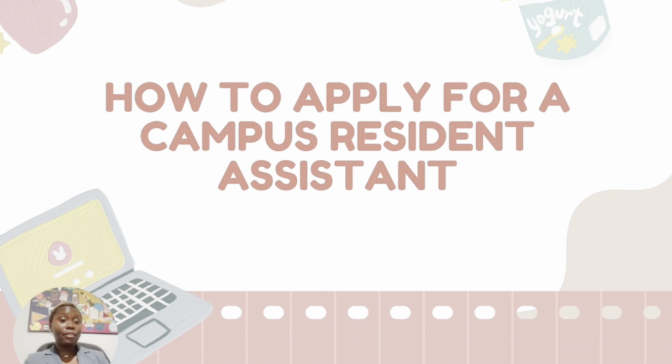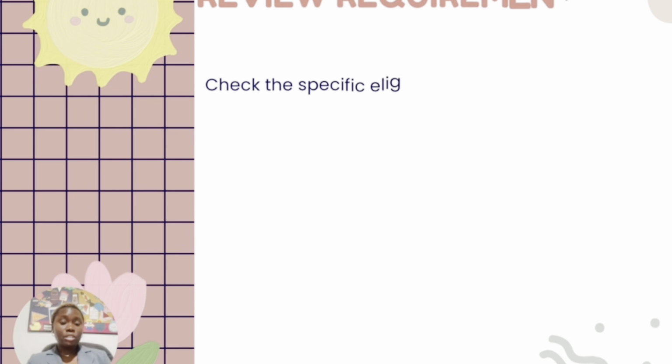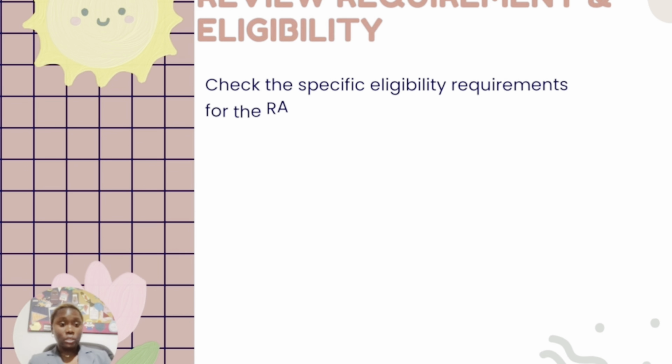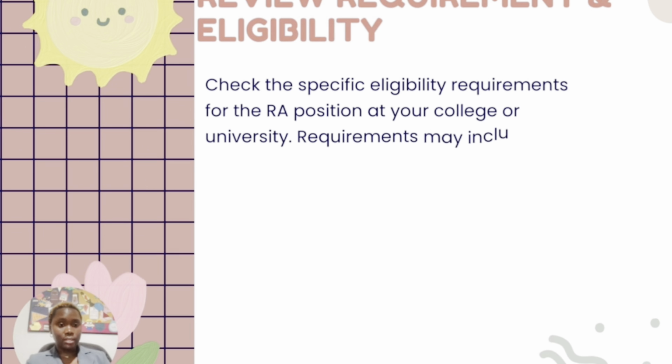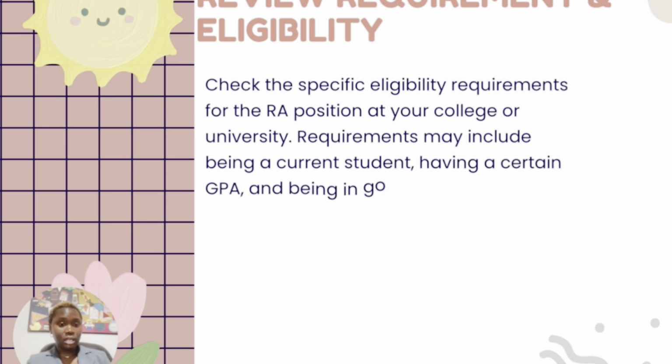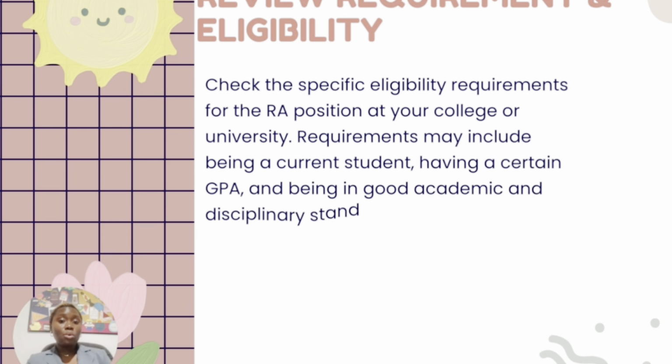How to apply for this position? Typically, when the application is out, you will see different flyers on campus, and some schools also send a worldwide email to all students asking if they would want to apply to be a residential assistant. So something you need to do is to review their requirements and eligibility and see if you are eligible for the position.